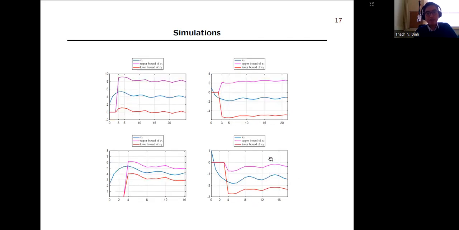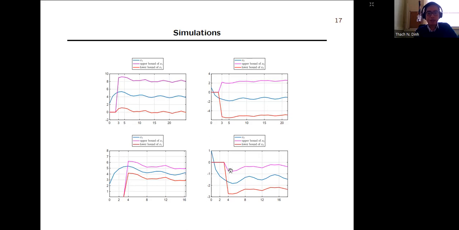For the interval estimate, if we consider some disturbances and measurement noise, in this case we can obtain two bounds of the real state after a fixed time, which can be selected. Here I select 3 and 4.